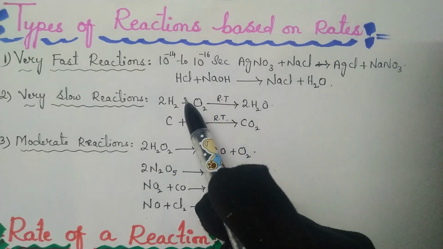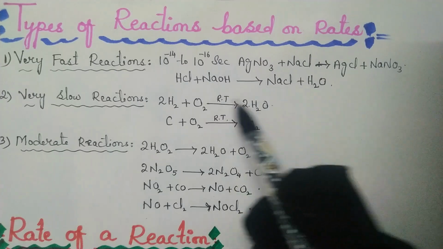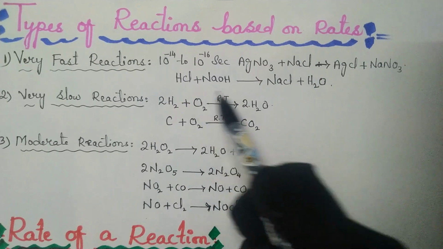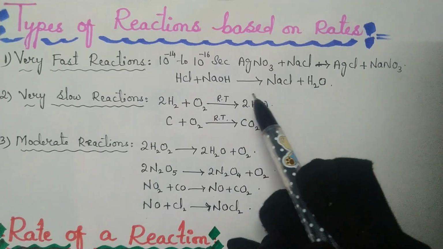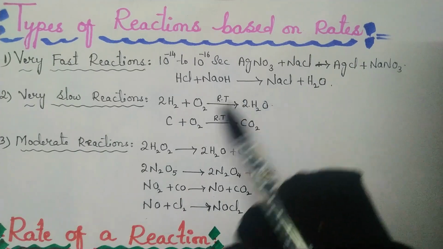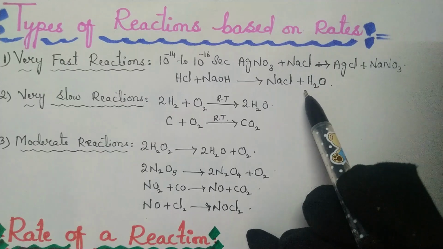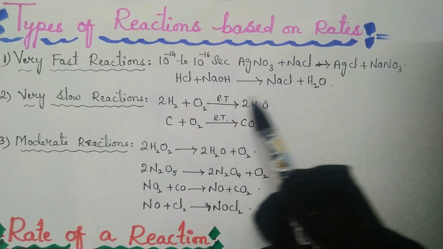Here HCl is an acid and NaOH is a base, and when we react these two, we get salt plus water, that is NaCl and water. Generally these reactions are very fast reactions.